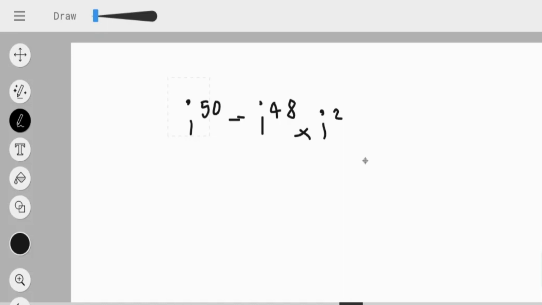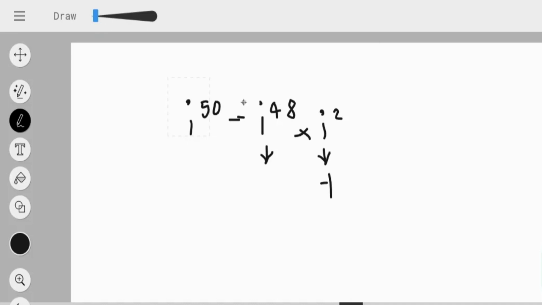Okay, so then we have i to the 48, times i to the 2nd, right? This is looking really nice, but now we gotta break these up some more. So what do we know i to the 2nd as? Just because we do have the sheet for that. That would be -1, right?